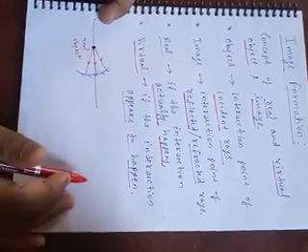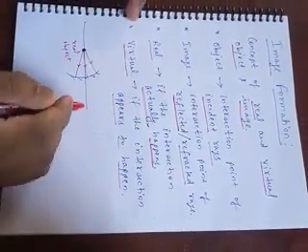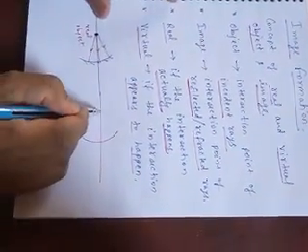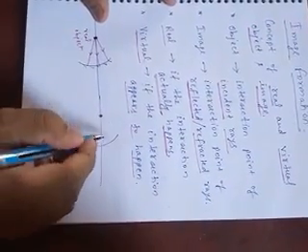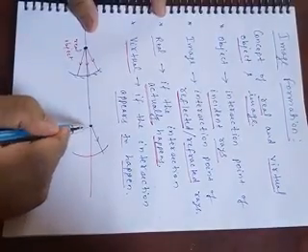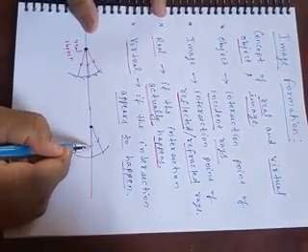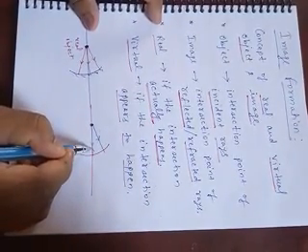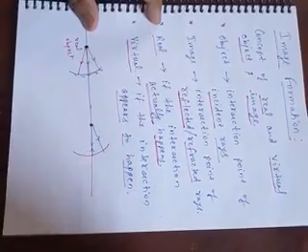Now, how will you represent the real image? Suppose this is the real object. This is the incident ray. One ray will be along the principal axis, and the ray along the principal axis will come back along the same line.